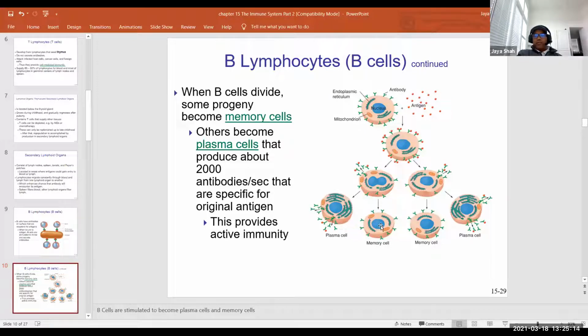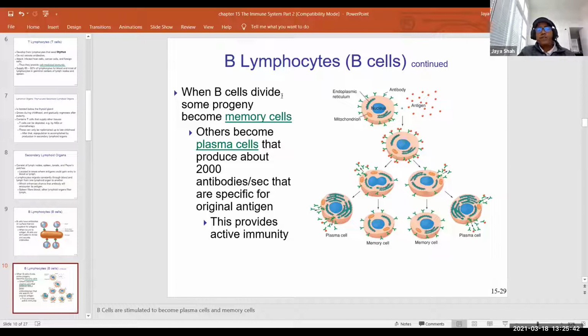The memory cell will keep the memory, the genes, for that particular dot antigen. Now, plasma cells will start making antibodies. You see, they are secreting Y-shaped antibodies, immunoglobulins, whereas memory cells keep the memory.